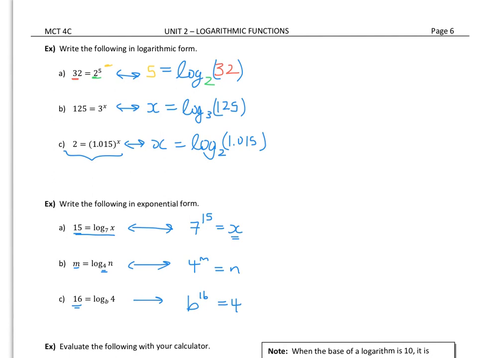By changing that into its exponential form, we could solve for b. To get b by itself, I would undo the exponent of 16 by taking the 16th root of both sides. So b would equal the 16th root of 4, whatever that is equal to. Now we're going to start using our calculator on the next page.